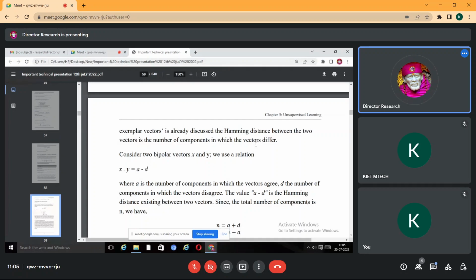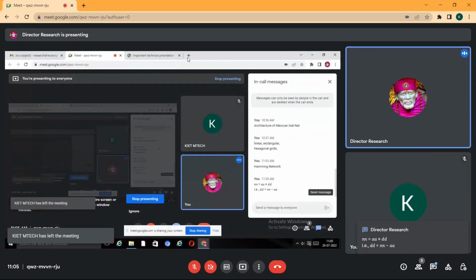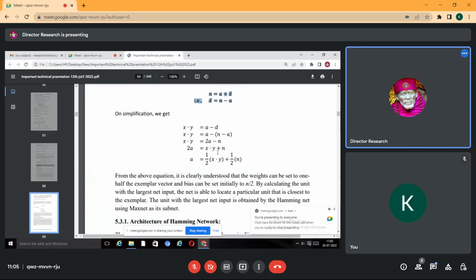See the equations. Be very particular about the equations. Vectors agree and vectors disagree. Simplification by simple mathematics: x dot y is equal to a minus d, x dot y is equal to a minus of n minus a. Get the value of a.